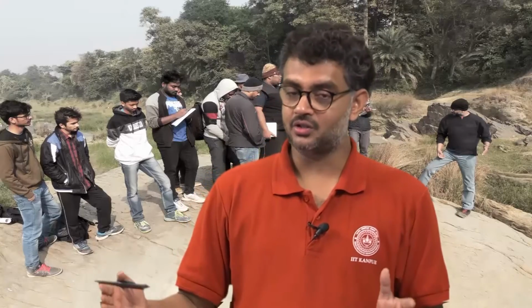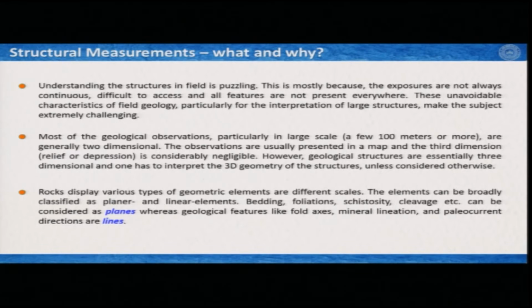Though we see in the field a few meters elevation or a few kilometers elevation when you work on active orogenies, otherwise when we think of a long or large horizontal scale, the third dimension does not matter. However, it is important that we also interpret the third dimension unless we are working in 2D models. Third dimension geometry is important because most geological deformations do happen in 3 dimensions.